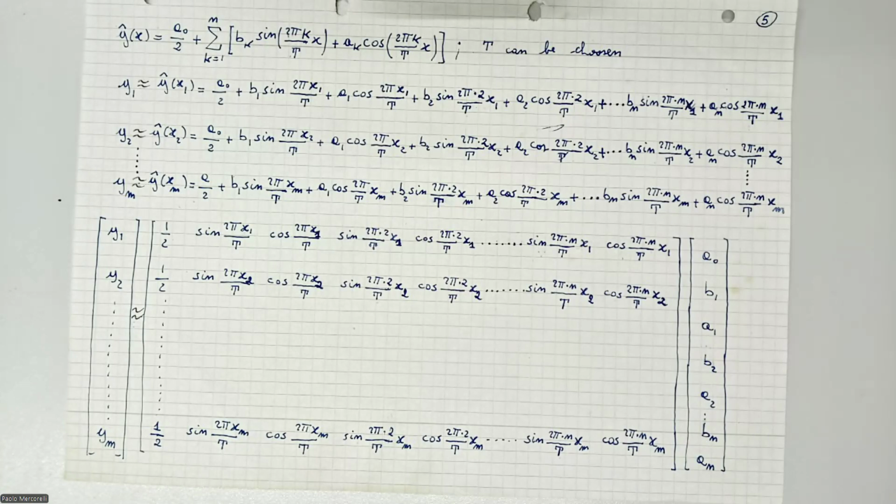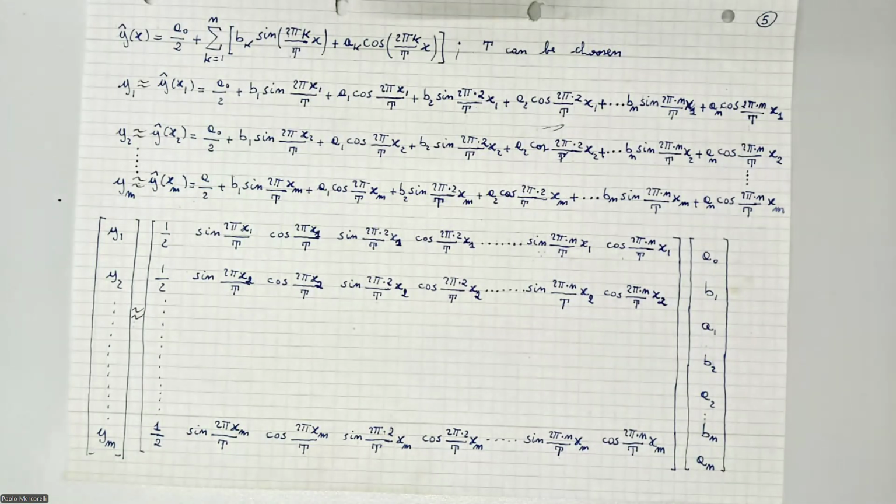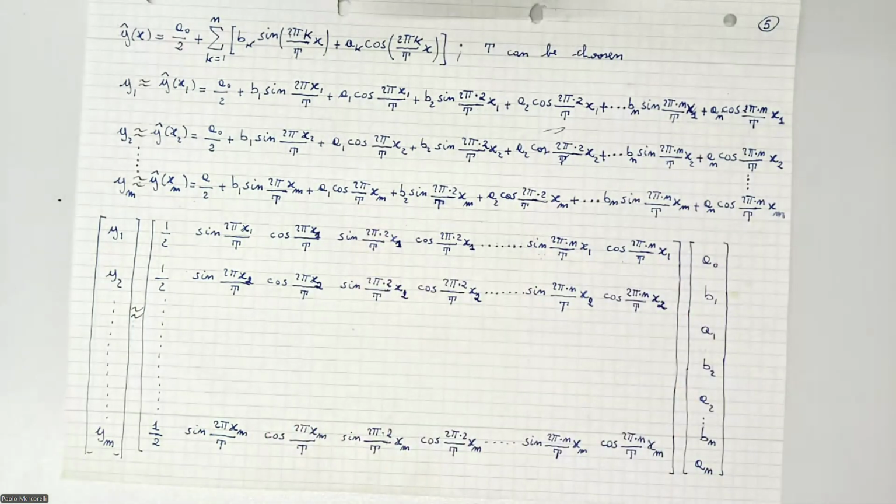Because we can apply the expression to calculate the vector theta, which consists now of 2n plus 1 elements. This does not mean that the number of elements which you have in a trigonometric function is larger than the polynomial.